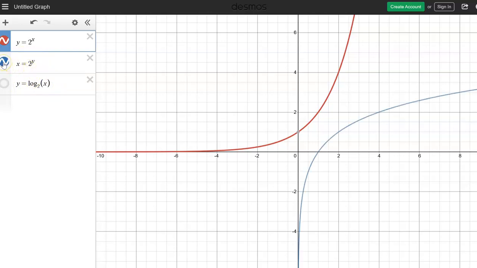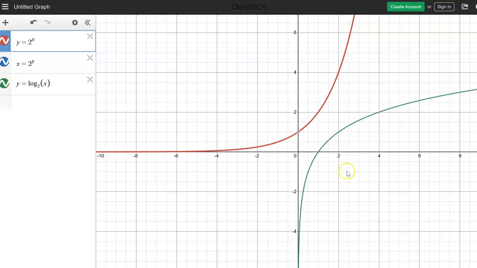Here is the inverse of the exponential function, and after our manipulation using the log laws, we came up with y equals log of x base 2. These two graphs, x equals 2 to the y and y equals log of x base 2, should be the same if I've done this correctly. When I click on that, notice that they are the same. The green graph sits right on top of the blue graph.